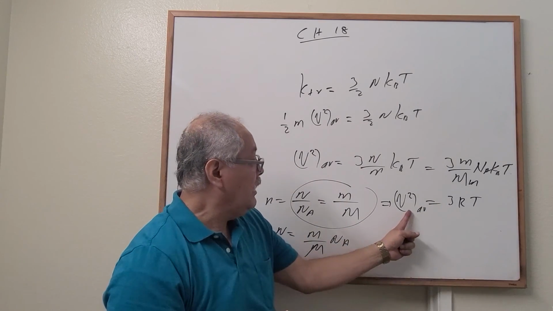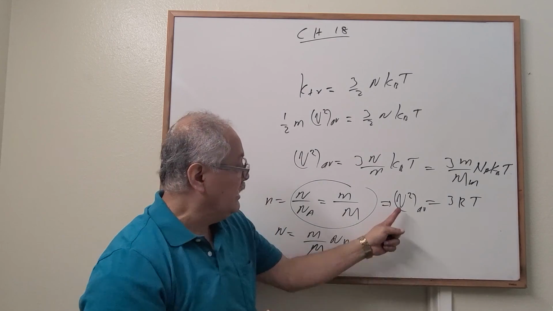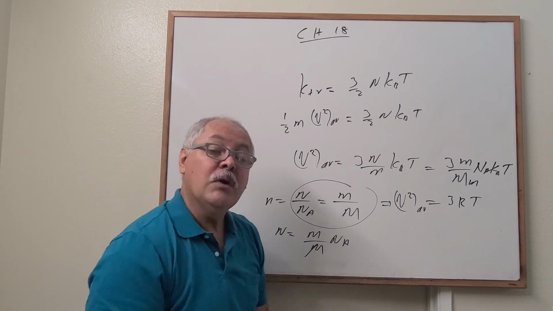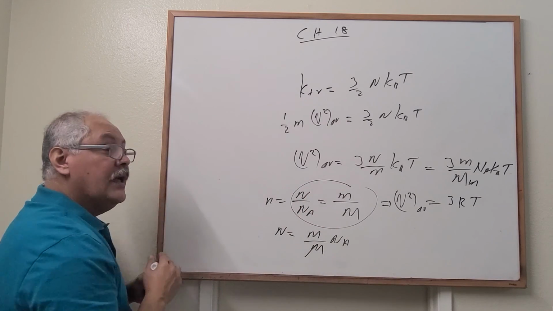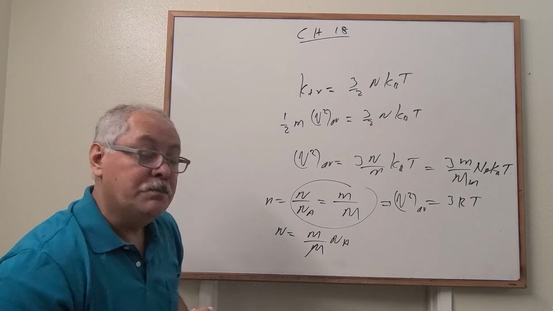Great. Now let's look for the velocity. Let's take the square root. When we take the square root of this average, we create the root mean square speed. The root mean square speed is defined as the square root of the average square. So this is equal to the square root of 3RT. It's a very important quantity in physics.